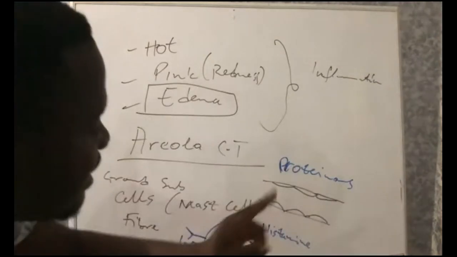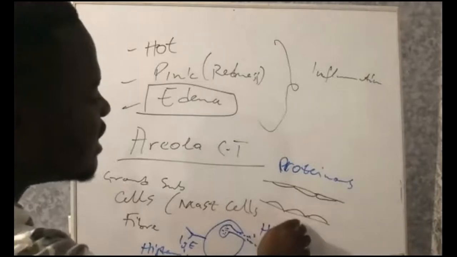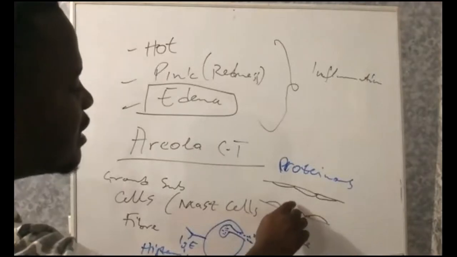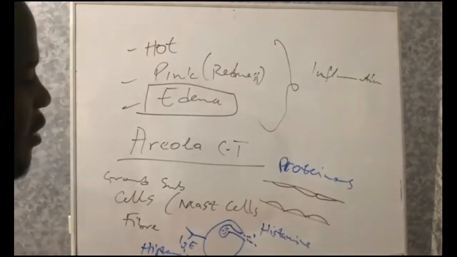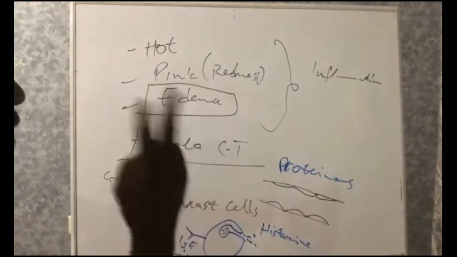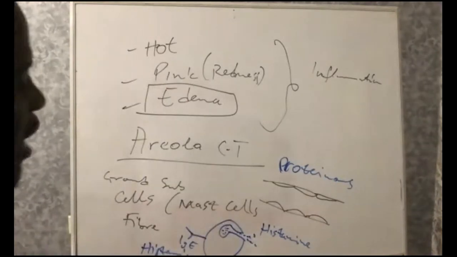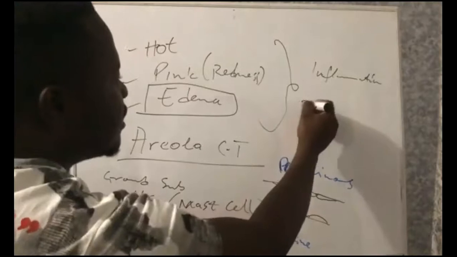Secondly, it will increase the permeability of this capillary vessel. How? There are two ways. One is what we call retraction.